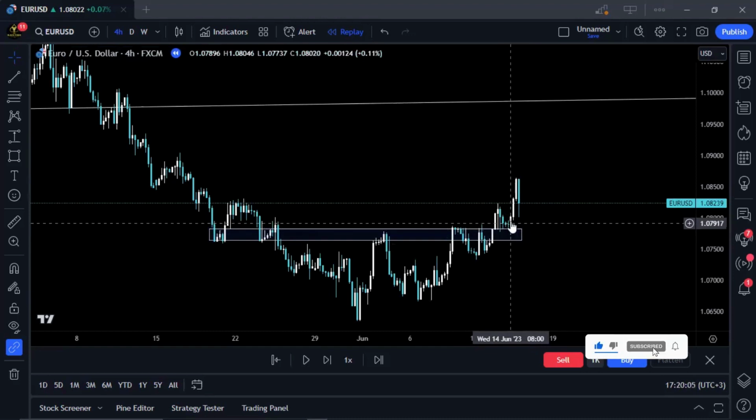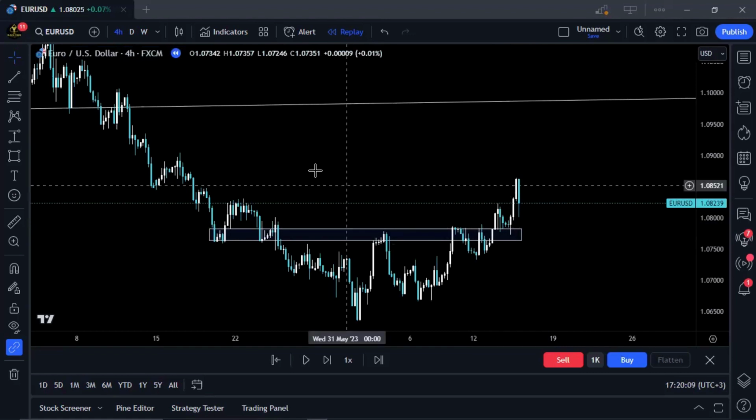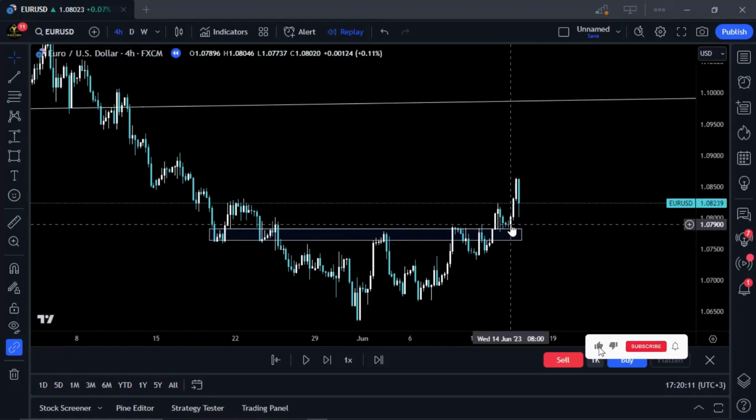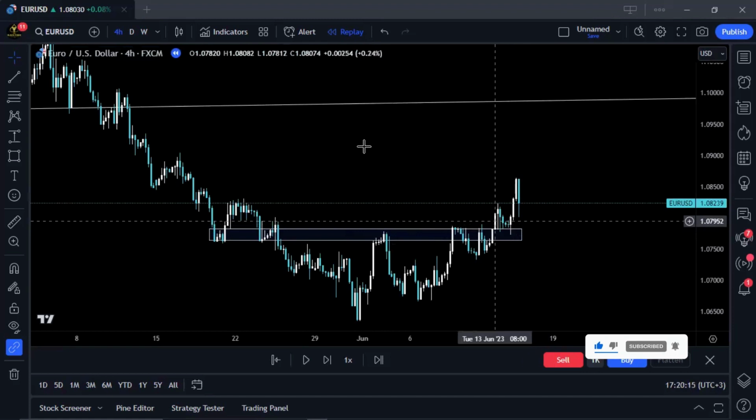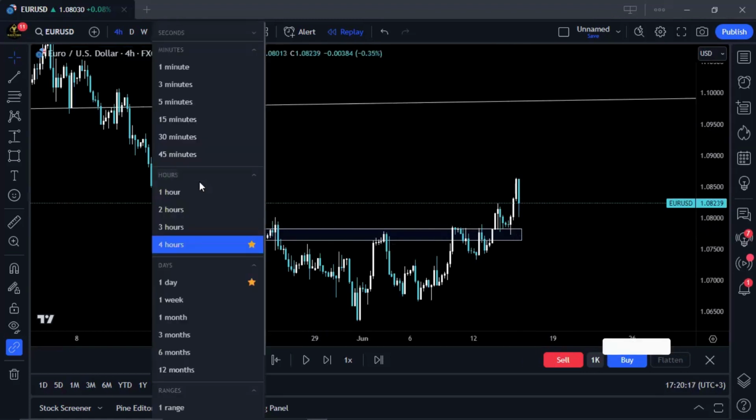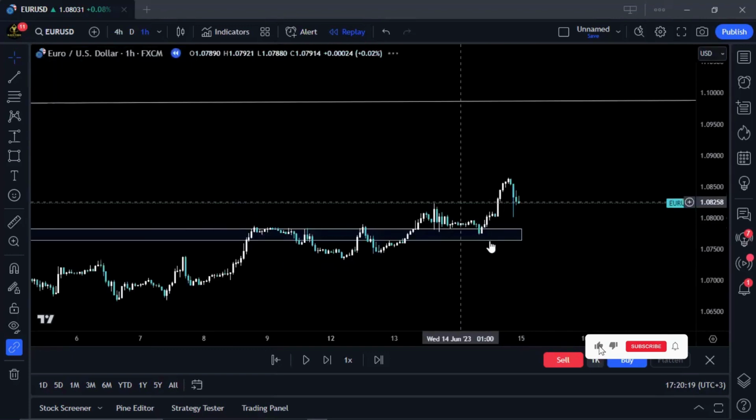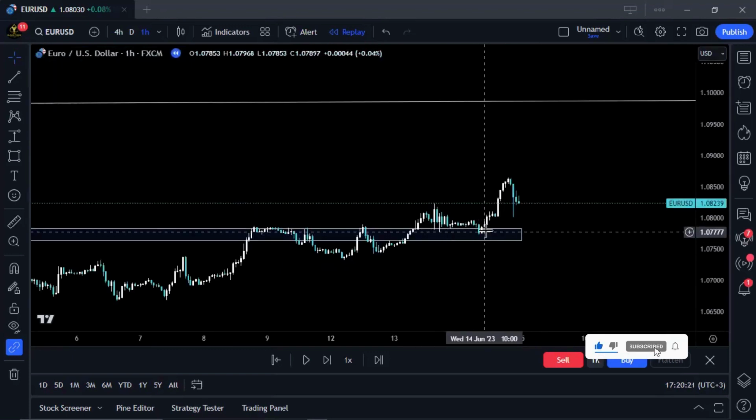So obviously, I would have been using this one as my confirmation candlestick. So I always use, in my analysis, my 4 hours for confirmations, and then I use the 1 hour for entries. So that means I already had my confirmation on that.